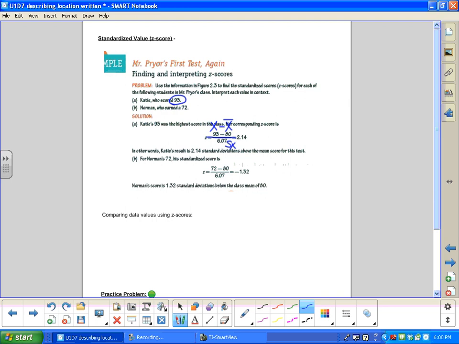And if you're ever asked to interpret a z-score, this is what you would say, of course, with context: standard, this is how to abbreviate standard deviation, away from the mean.